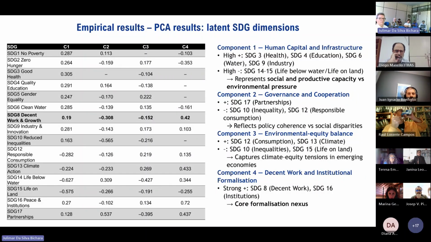Moving on to the third component, which is related to environmental equity balance, we can see that the highest value was related to consumption this time, meaning SDG 12, and also the climate one, while the negative values were related to inequalities and life on land. This component captures the climate equity tensions basically in the emerging economies. Then the last one, decent work and institutional formalization. We can see the high value of SDG 8, decent work, and also the value of partnership.